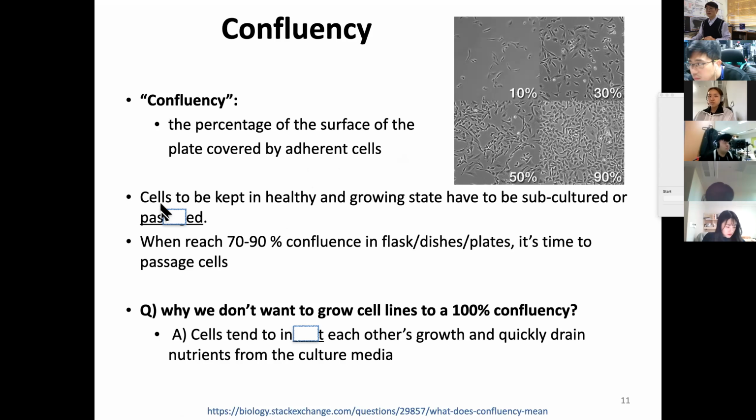So cells have to be kept in a healthy and growing state, and they have to be subcultured. What I mean is, when you grow the cells in this flask, the goal is to make enough cells so that you can run experiments, okay?